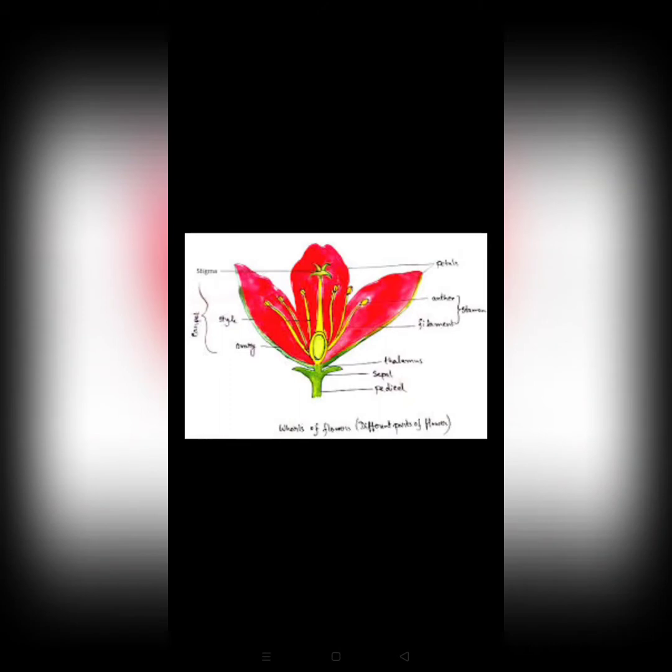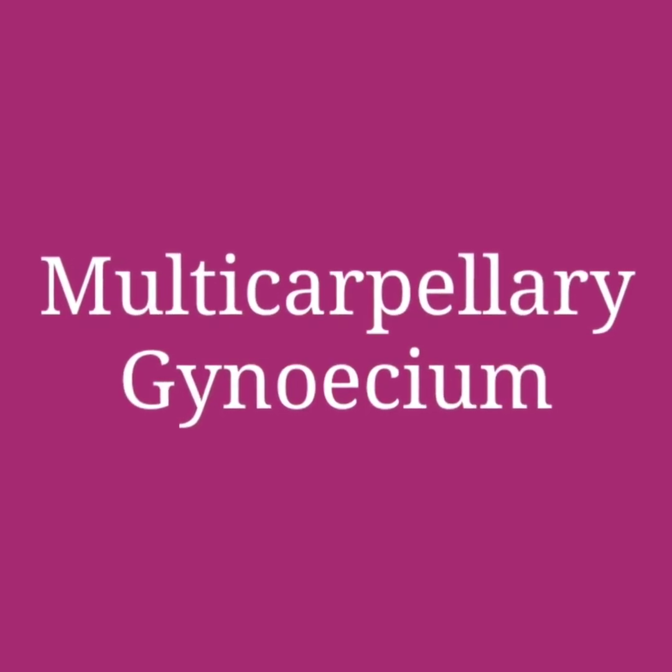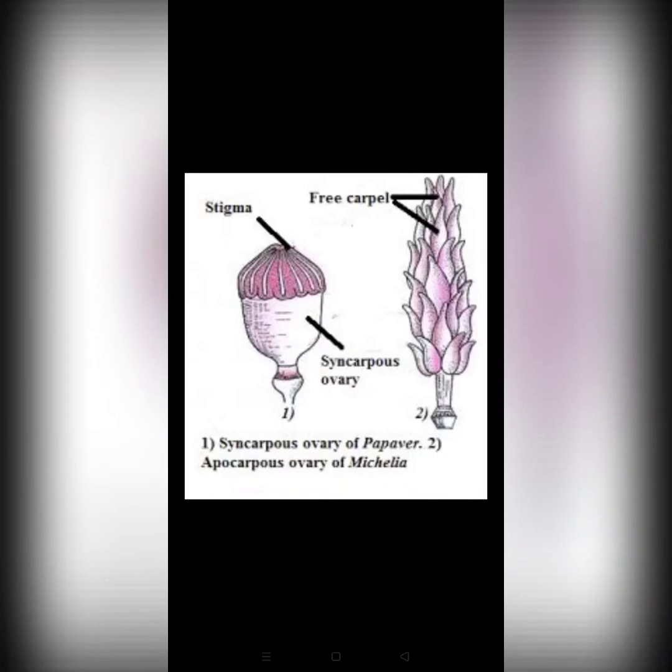The monocarpellary gynoecium means the gynoecium consists of a single carpel or pistil. The multicarpellary gynoecium means the gynoecium consists of more than one carpel or pistil.